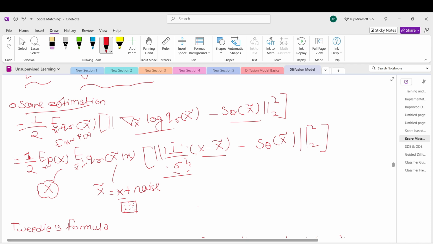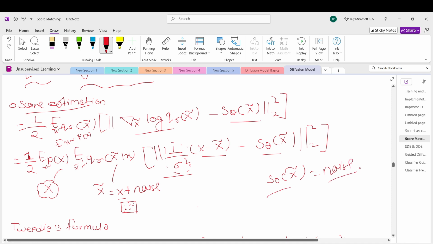If you subtract it, you will get the noise. And what we are enforcing this theta to become is the noise. If you want to minimize this whole objective, epsilon theta of x tilde should predict the noise.